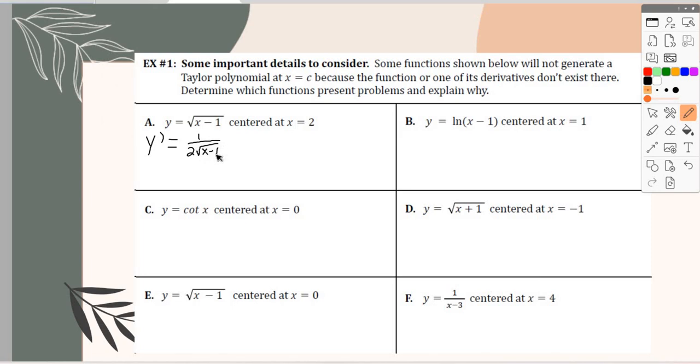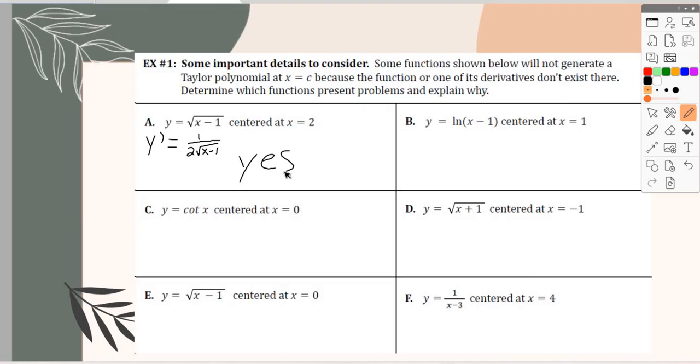So are we still okay to plug in 2 there? Yes, we are. And the more derivatives I take, this is just going to have exponents on the bottom, right? So we would be good. So this one, we would be able to take a Taylor polynomial centered at x equals 2.